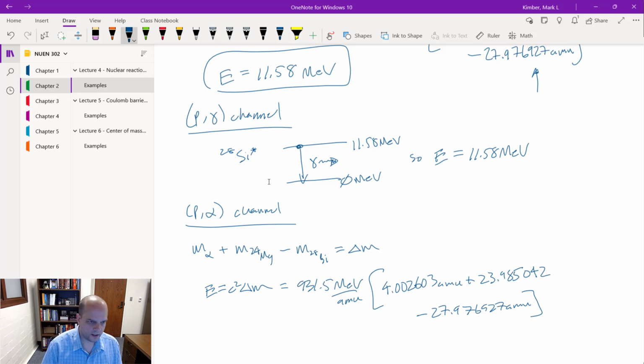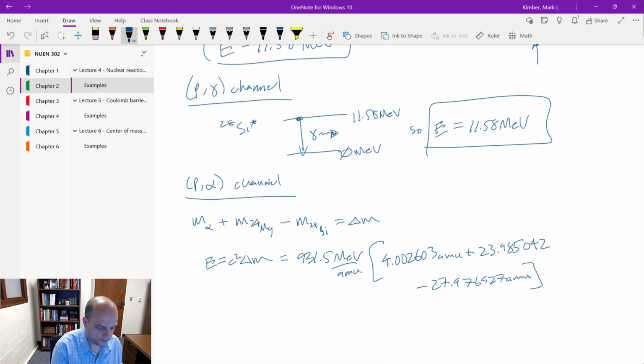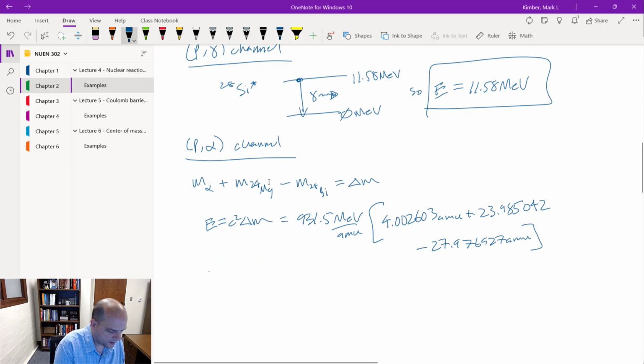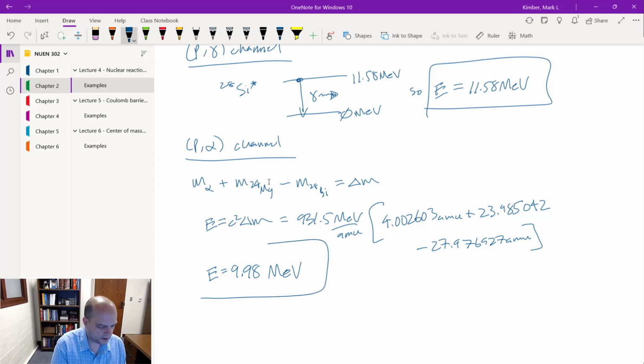Okay, so I do that calculation, and I get the energy is going to be 9.98 MeV. That's how much energy it would take for me to start with silicon-28 and to break that up into magnesium-24 and an alpha particle. And so the question is, is this possible?